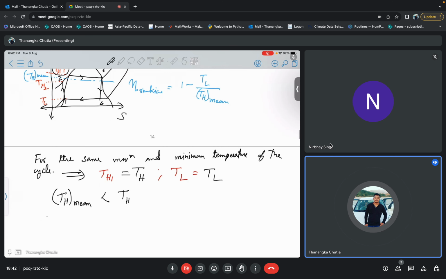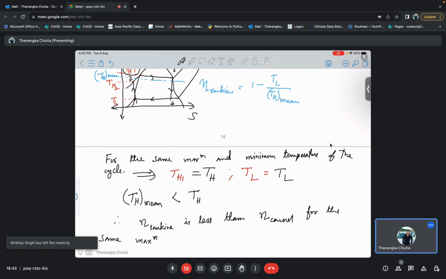Therefore eta Rankine is less than eta Carnot for the same maximum and minimum temperature of the cycle.